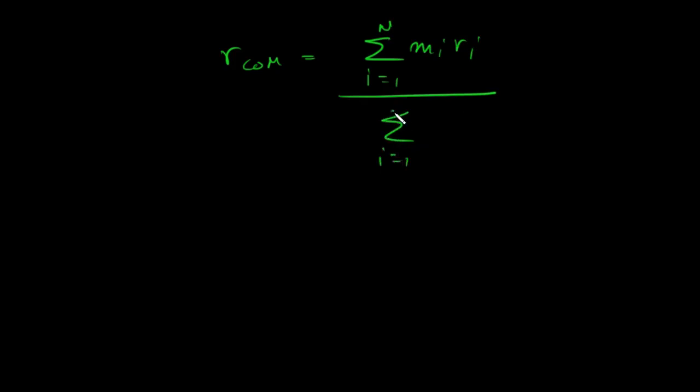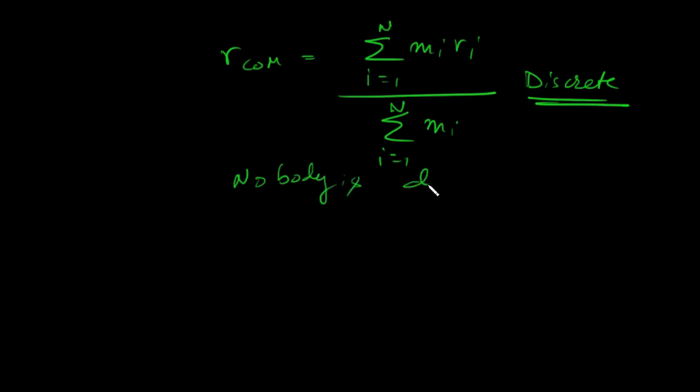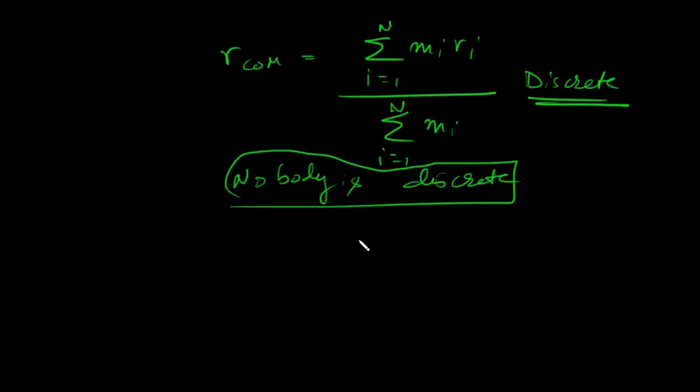Now you see this standard definition, RCOM equal to summation from i equal to 1 to n of mi ri divided by summation from i equal to 1 to n of mi. This is for a discrete body. But in general, in reality, we know no body is discrete. As far as I know, real masses are continuous.